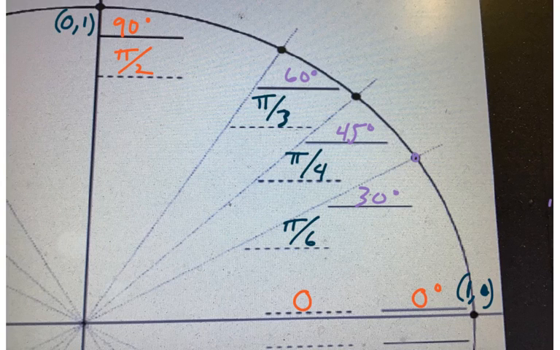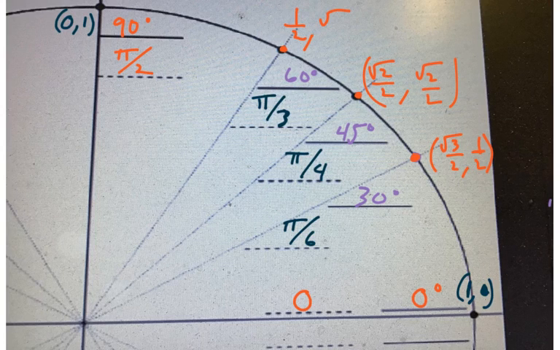So this point right here, for example, I know its coordinates are square root 3 over 2, 1/2. Right here at 45 degrees, I know it's square root 2 over 2, square root 2 over 2. And at the 60-degree mark, I know it's 1/2, square root 3 over 2.